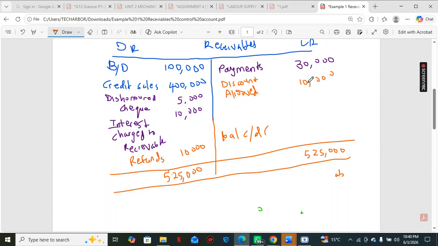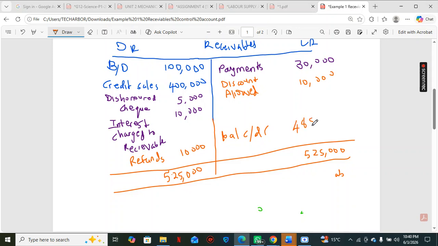So 525,000 minus 40,000. On my calculator, 525,000 minus 40,000 is 485,000.